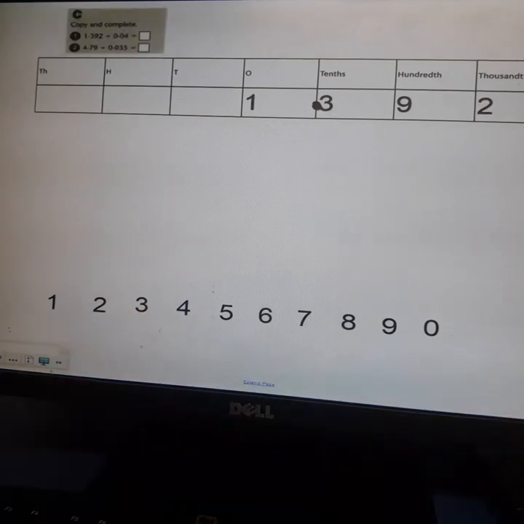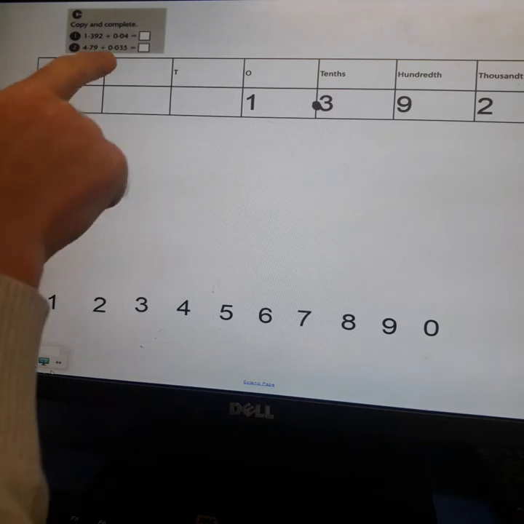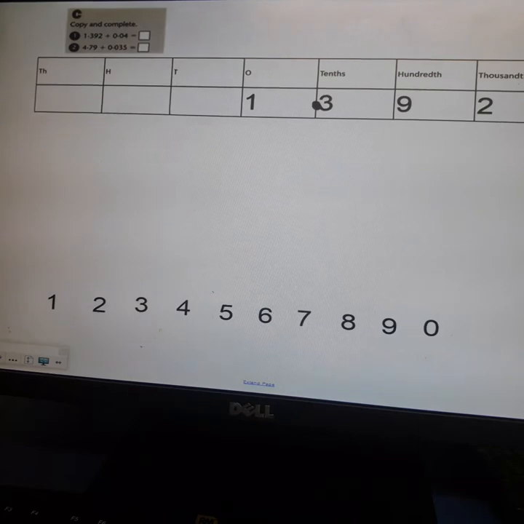And then I've got a few from section C here, and it's asking you to try and do these mentally, really, rather than, I know you could do a column and add them up, but it's really thinking about the number 1.392 and thinking, if I were to add 4 hundredths to that, I mean, I can physically put these here, okay, so you can have that one, and that one there, but we're not really encouraging you here to do this as a written method.